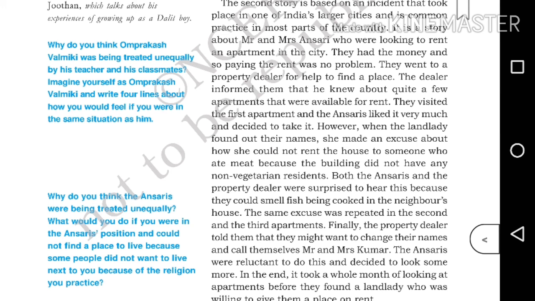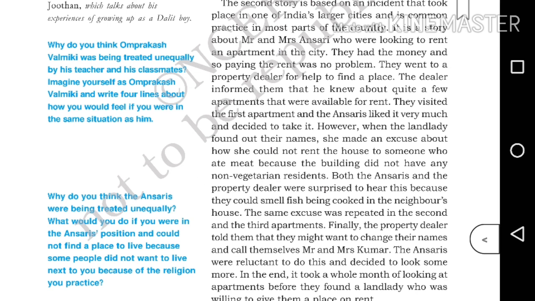The same excuse was repeated in the second and third apartments. Finally, the property dealer told them that they might want to change their names and call themselves Mr. and Mrs. Kumar. The Ansaris were reluctant to do this and decided to look some more. In the end, it took a whole month of looking at apartments before they found a landlady who was willing to give them a place on rent.